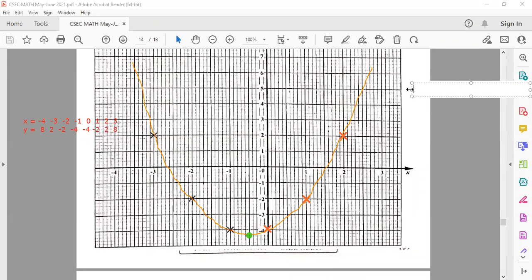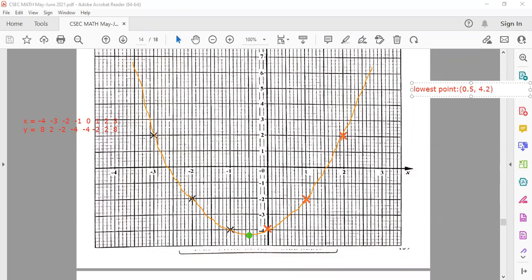Let me just write it here. So the lowest point reads approximately a half on the x, right? So the x value is approximately 0.5 on the x-axis, and on the y-axis it's about -4.2.